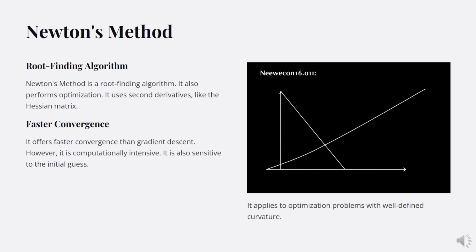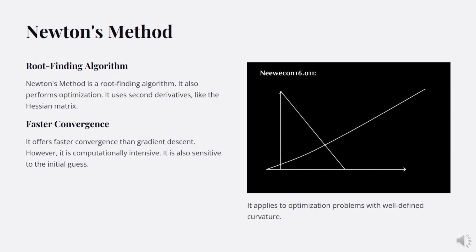Next is Newton's method. Newton's method is a root finding algorithm with faster convergence. A root finding algorithm finds the root of a function, where the function equals 0, and it can also be used for optimization by finding the root of the derivative of the function.